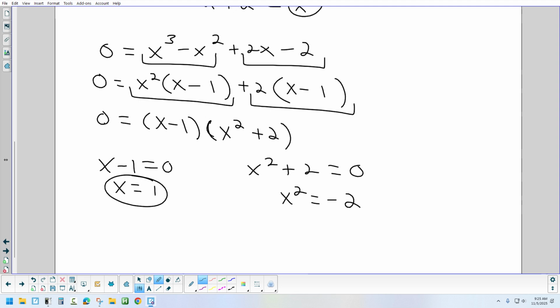And the second step, we would try to take the square root of both sides. What's going to happen when we try to take the square root of negative 2? That would be imaginary, right? Because that's imaginary, we're going to stop with that because we're not looking for imaginary answers, we're looking for real answers.